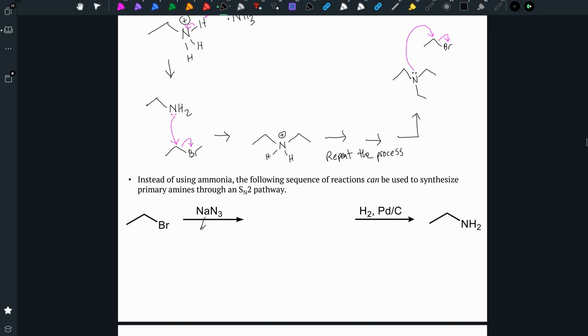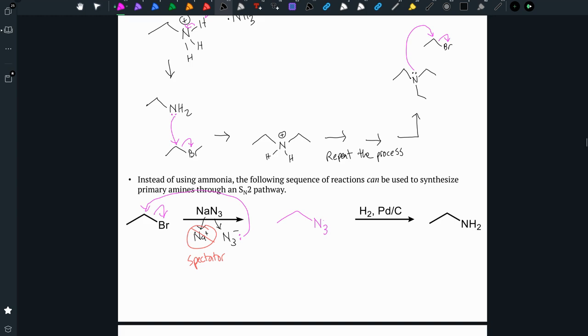Now remember, this is going to be Na plus and N3 minus. The Na plus is my spectator, so I forget about it. My N3 minus does the SN2 reaction to produce an azide as the intermediate.